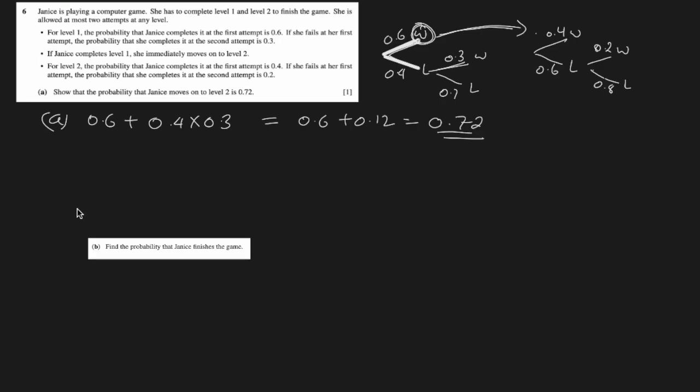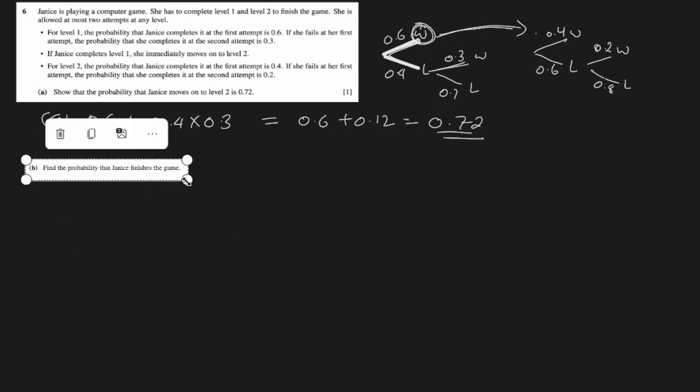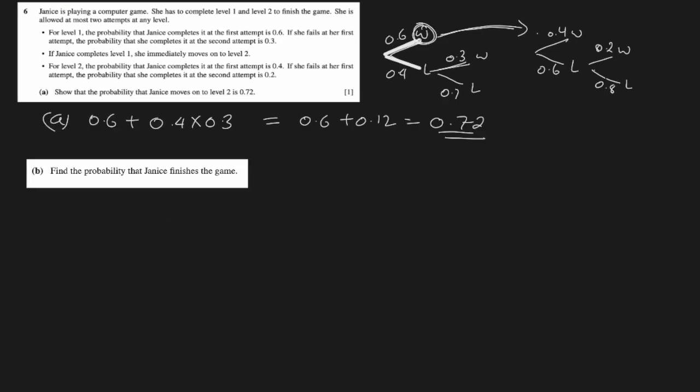Second one, find the probability that Janice finishes the game. Okay, so let's see how she can finish the game. She wins, goes to level 2 through this, then wins the second one also. This is one possibility. So 0.6 multiplied by 0.4.